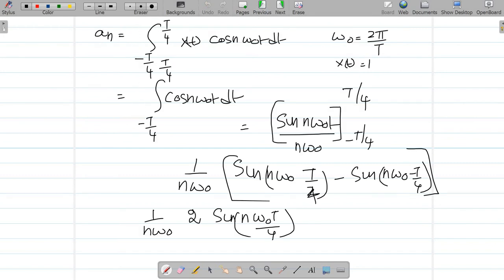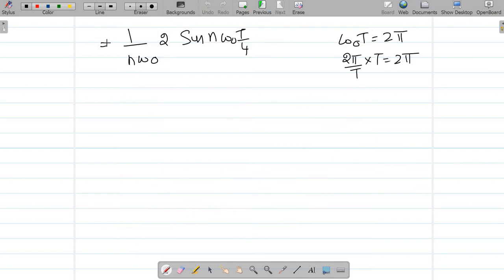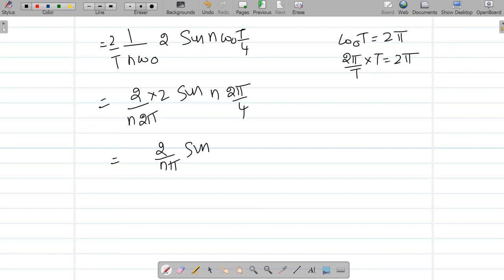I think we need to put a 2 by T here. We have a 2 by T, so this is multiplied by 2 by T. Substituting the values, we will end up getting 2 divided by n pi, sin n pi by 2.